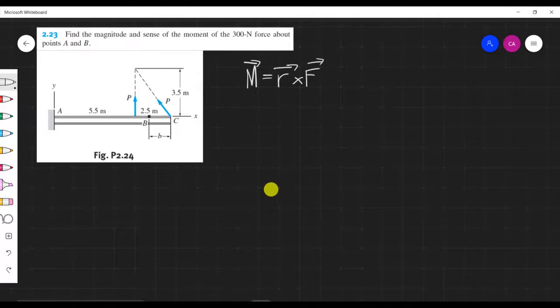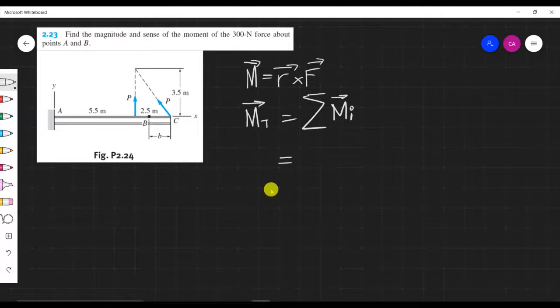So, to find the magnitude of the moment at a point, so the moment total, tawagin nating vector moment total, is equals to the summation ng lahat ng moment, moment i. Okay?